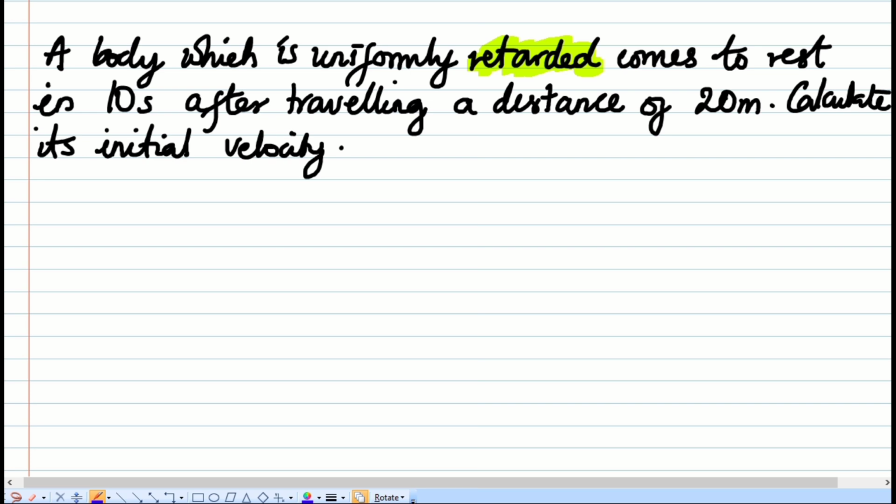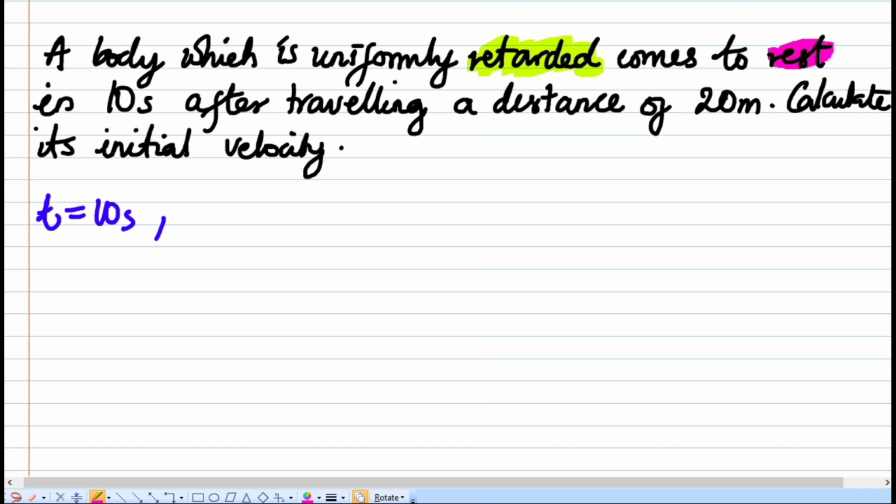So that's it. It comes to a rest. As we go, just take down the value of everything that we're working with. You said that it comes to rest in 10 seconds, so the time is 10 seconds. Please remember, I said that we always take this word down: rest.